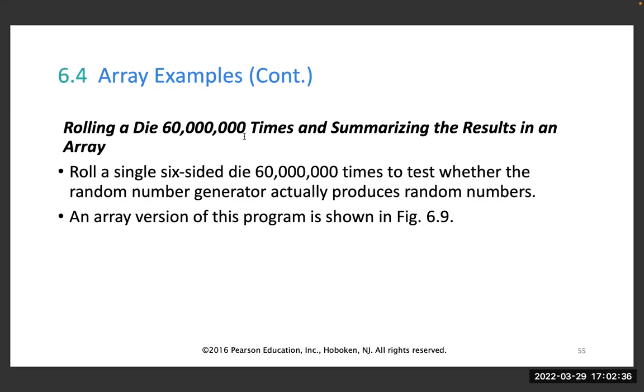This is a very big number, right? 60 million times. So this means for each number, the frequency should be close to 10 million, because for every number, the chance is just 1/6. They are equal, right?